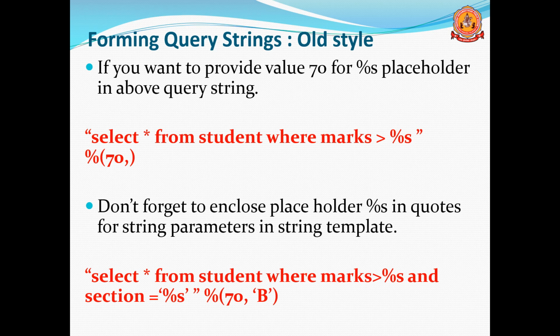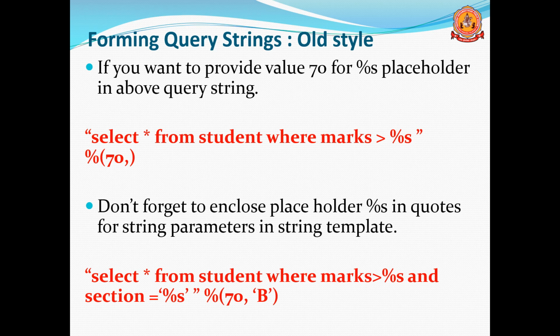Select * from student where marks greater than %s and section is equal to %s. Remember, two %s are given. So in this example, the first %s is replaced by 70 and the second %s is a string, so it is replaced by b.